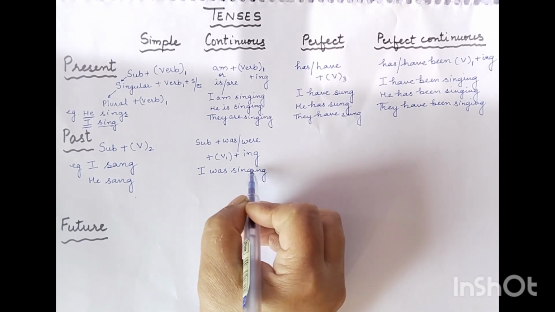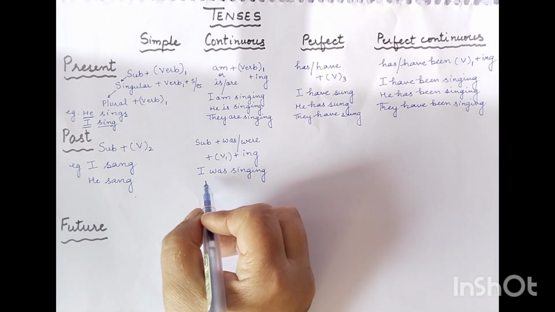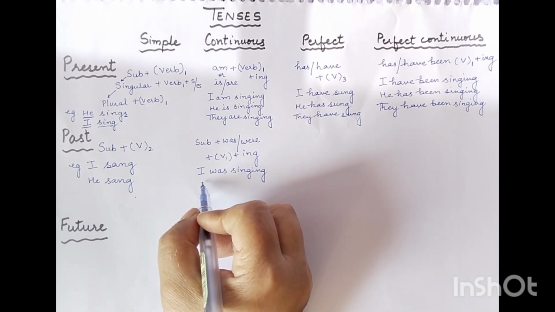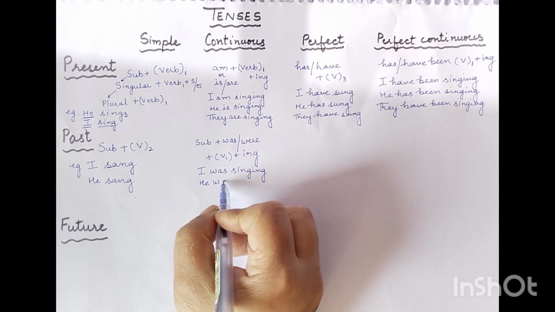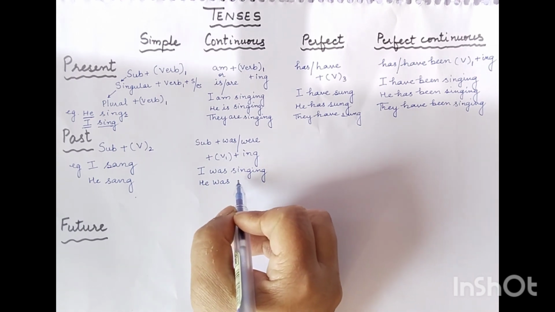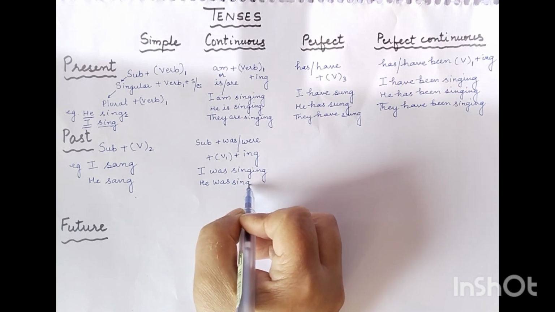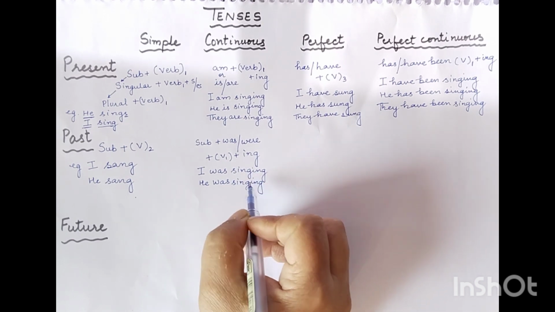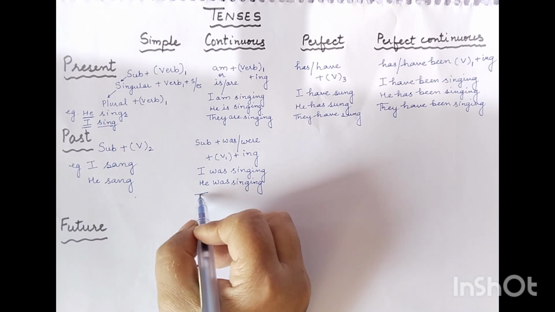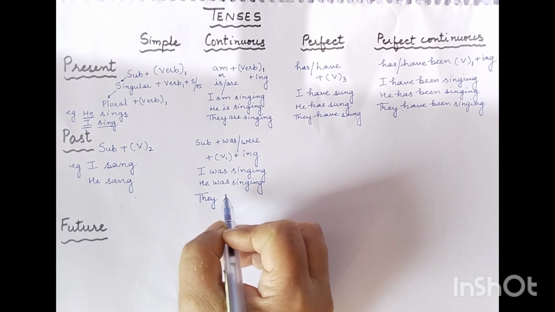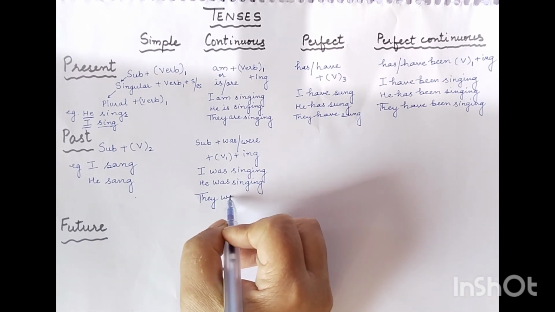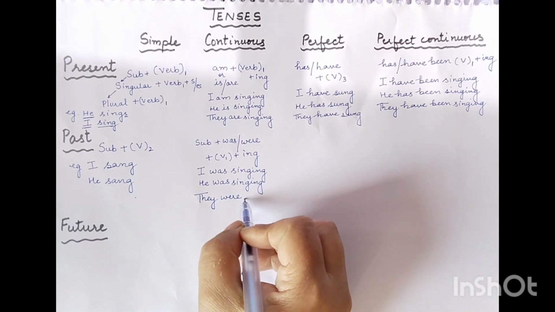Here was goes with I. Now for singular, he was singing. Now plural, they were singing.